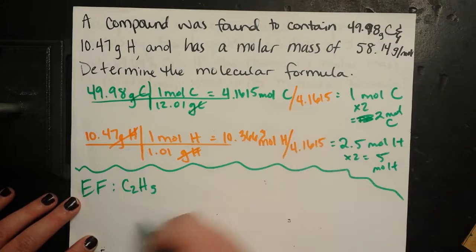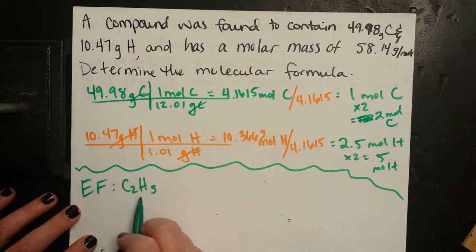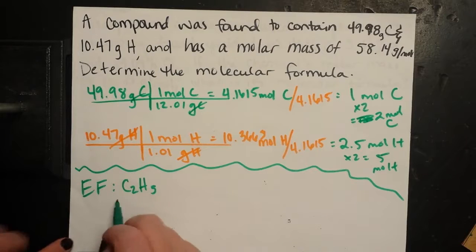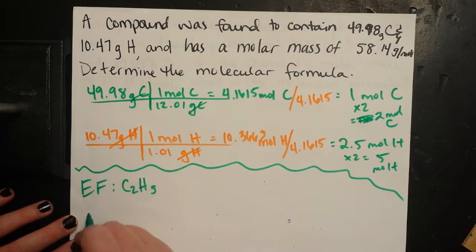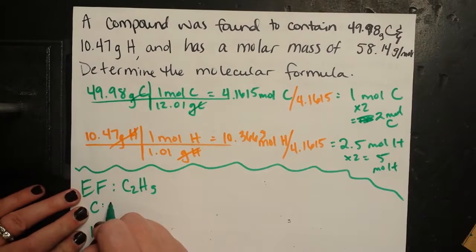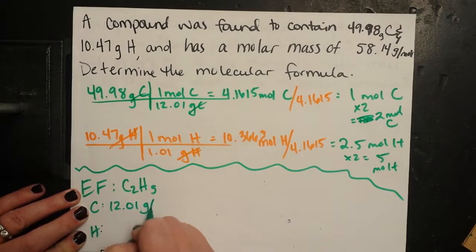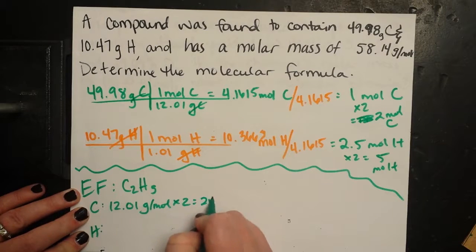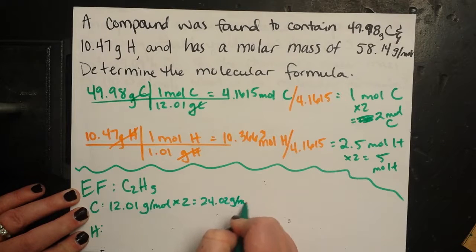Now, I know my molecular formula, or the actual compound, whatever it is, has the mass of 58.14 grams per mole. That's its molar mass. I can see how many times my empirical formula that is by finding first the molar mass of my empirical formula. So I'm going to take carbon and hydrogen. Carbon is 12.01 grams per mole, and I've got 2 carbons here. So that's 24.02 grams per mole.